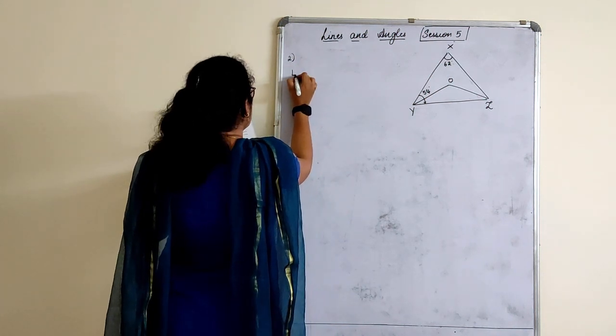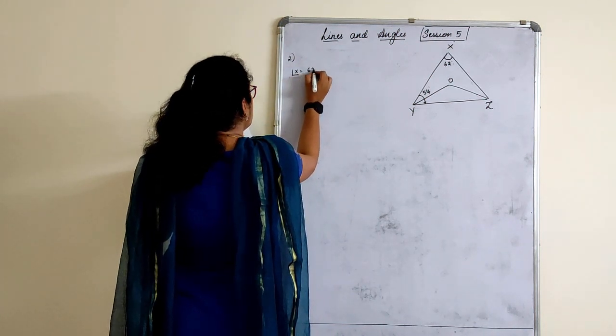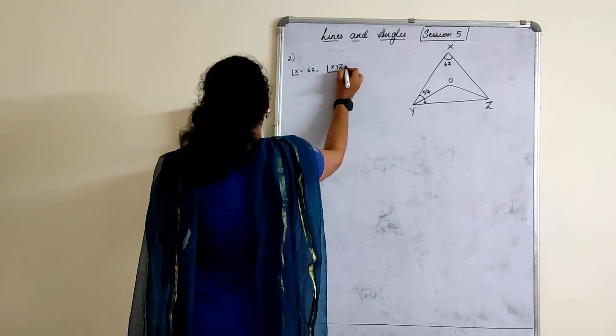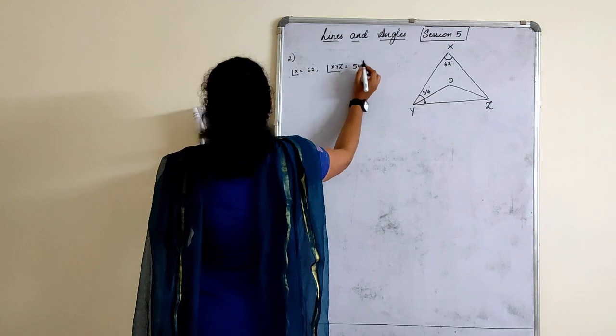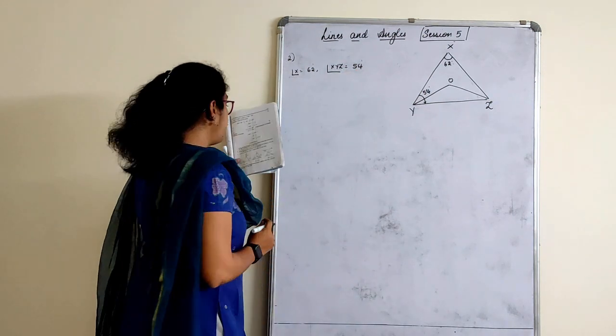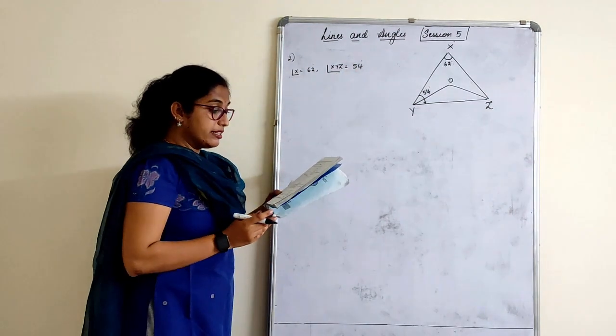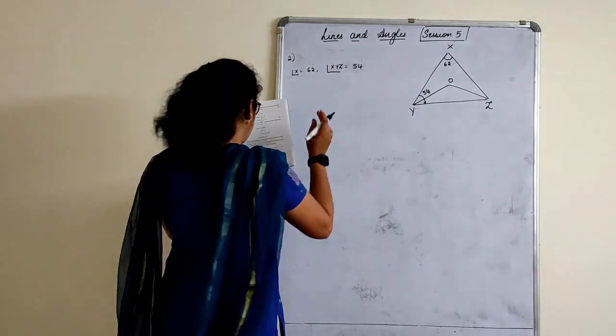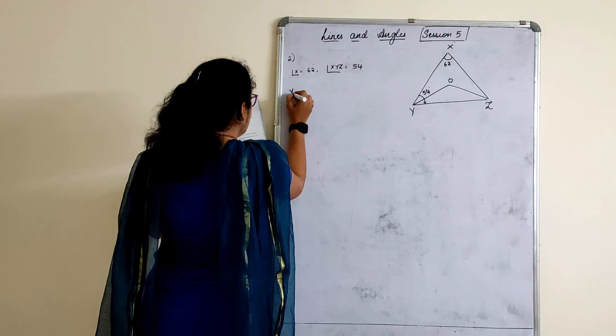Now what we have to find here, let's write down. Second one, angle X is equal to 62 degree. Angle XYZ is equal to 54 degree. They have also given YO and ZO are the bisectors of angle XYZ and XZY respectively. So let us write that.